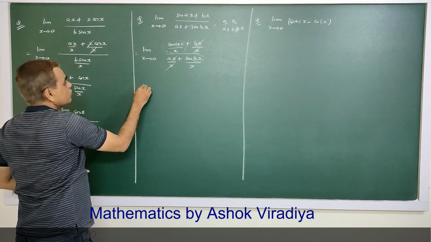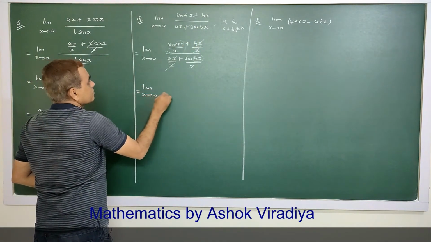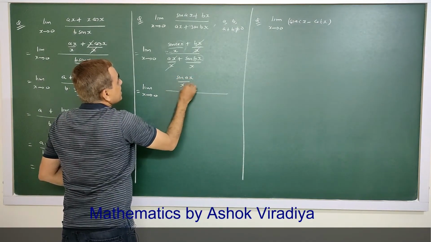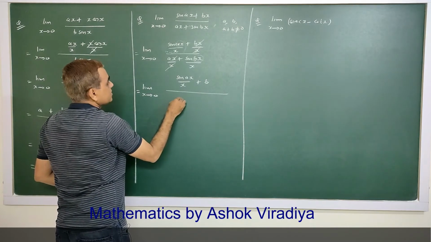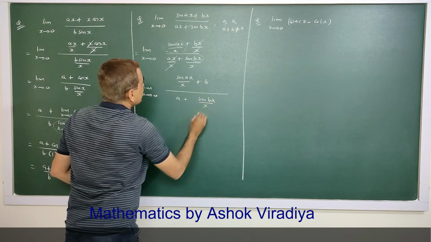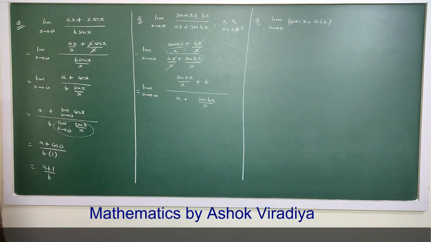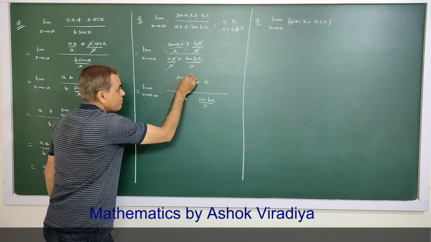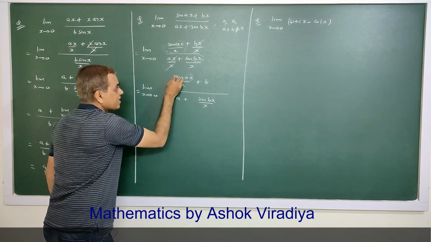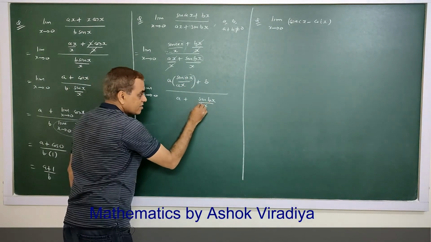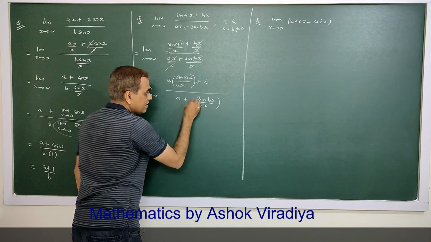This is equal to sin ax by x plus b, this is a plus sin bx by x. Now I am showing that procedure here. This is ax, sin of ax, so multiply by a, divide by a. Here bx, so multiply by b, divide by b.